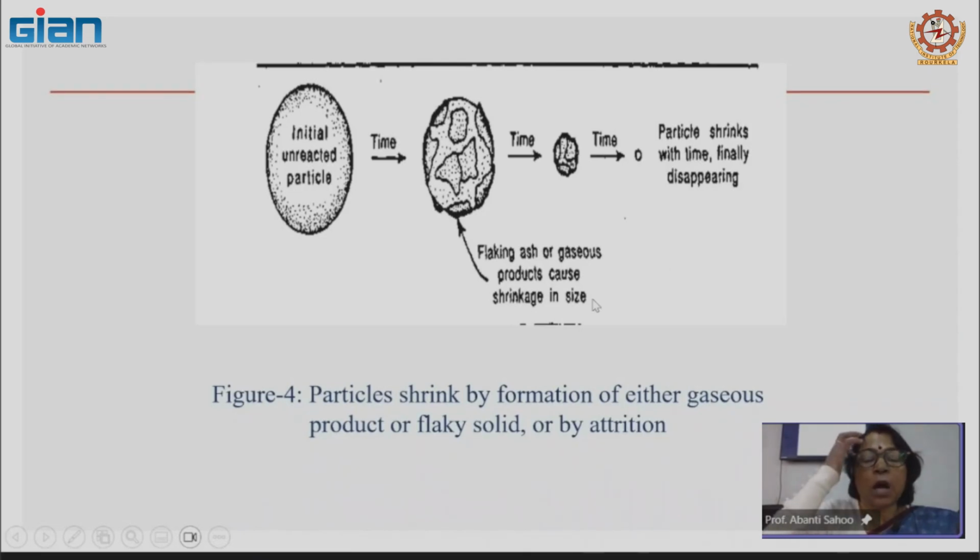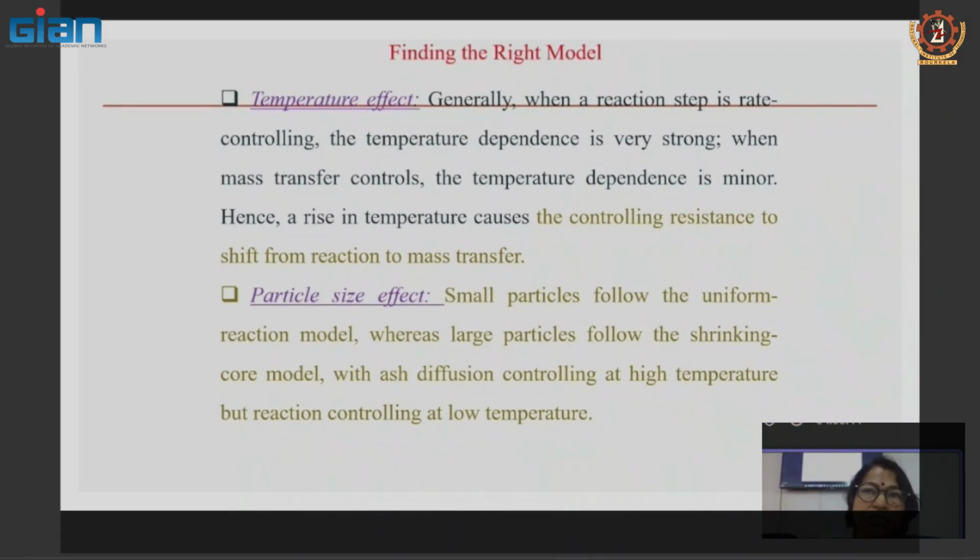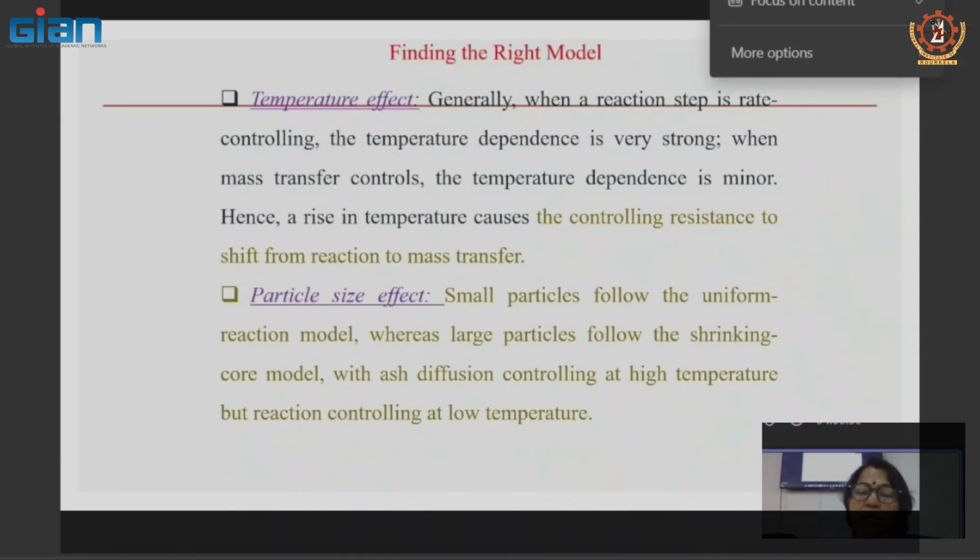Now, how to find the right model? For that, we should know whether the reaction rate is the controlling step or diffusion is the controlling step. If diffusion is controlling the reaction, it is the uniform reaction model, and if the temperature or the reaction rate is controlling, it is the shrinking core model.